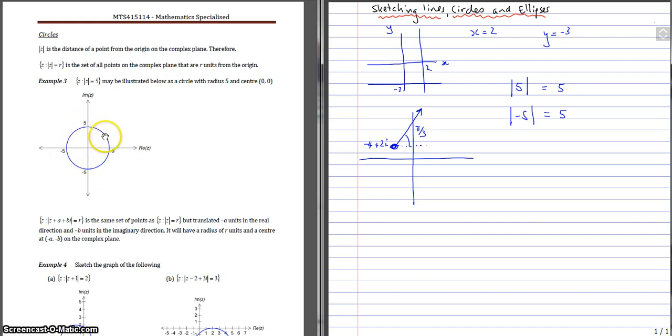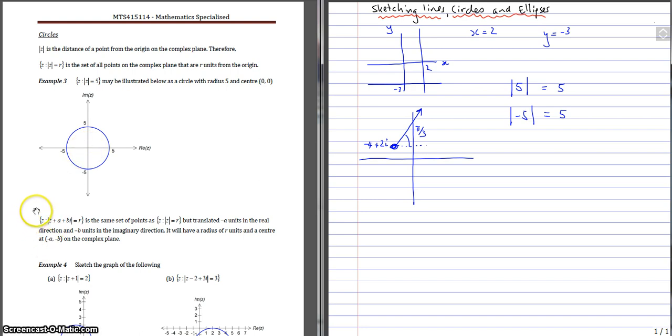It is the locus, is what we say, the locus of all points from a centre, a particular central value. And here, this really is talking about the origin. So the absolute value of z, or the modulus of z, equaling 5, means that it's going to be a circle whose centre is (0, 0) and a radius of 5.